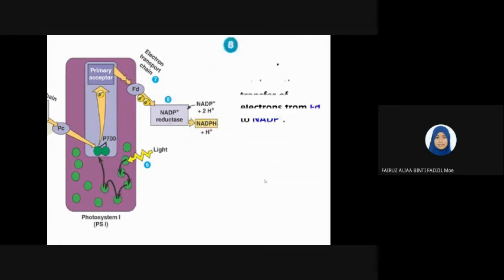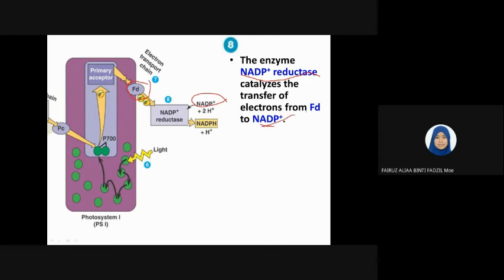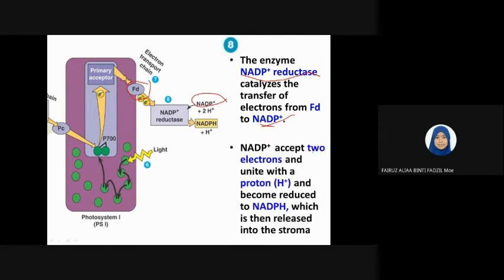This enzyme is important, you have to remember its name: NADP plus reductase catalyzes the transfer of electrons from ferredoxin to NADP plus. NADP plus accepts 2 electrons, also unites with a proton, and becomes reduced to NADPH, which is then released into the stroma.